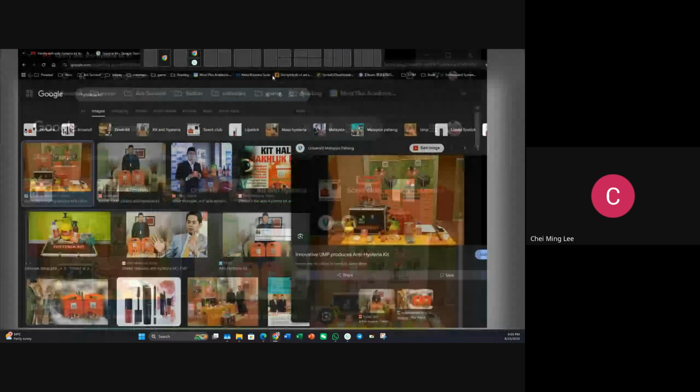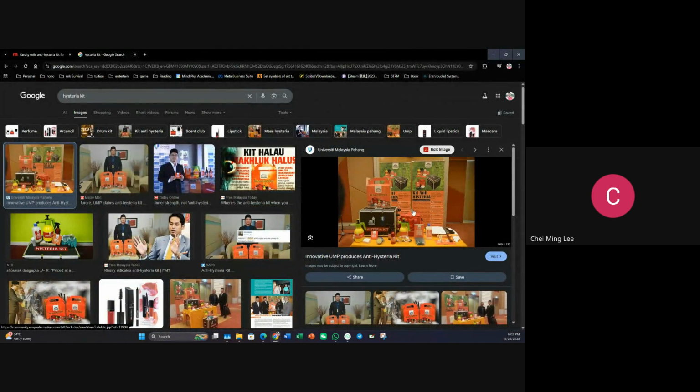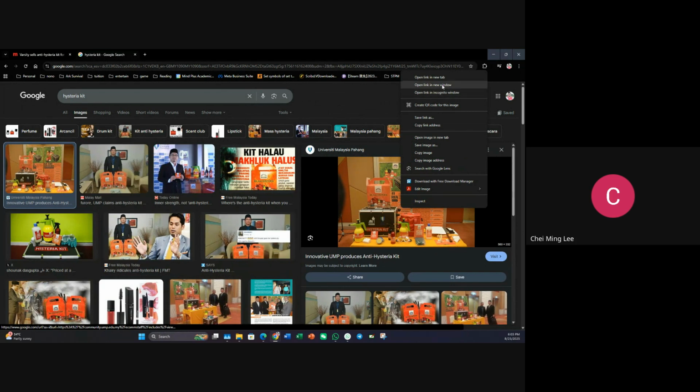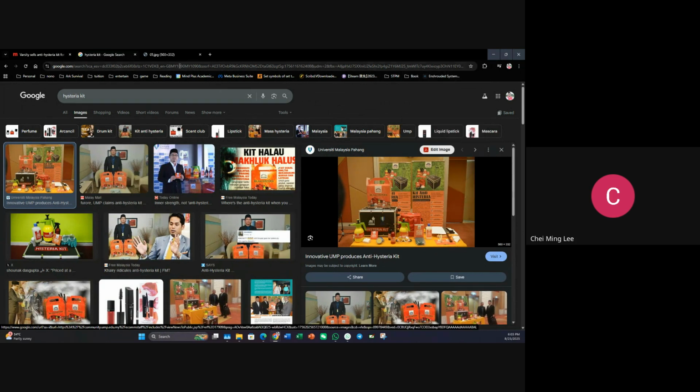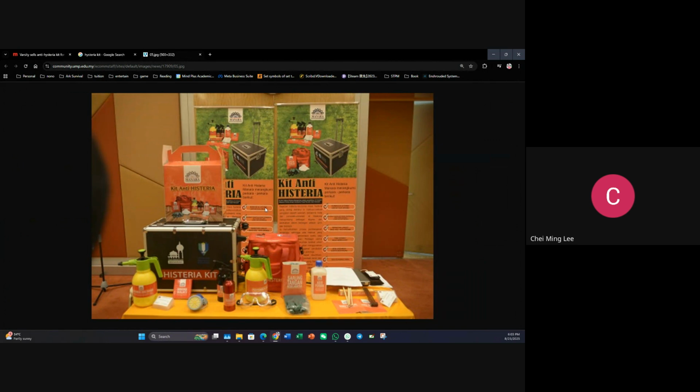This anti-hysteria kit, let us see what we have inside. Although it's not good for me to joke around with my school's so-called 1 million project. Okay, this 1 million. Don't play. You have a very small book of Quran.